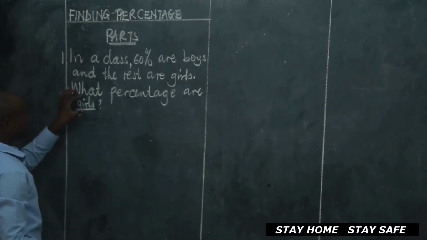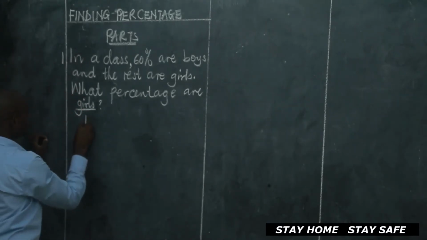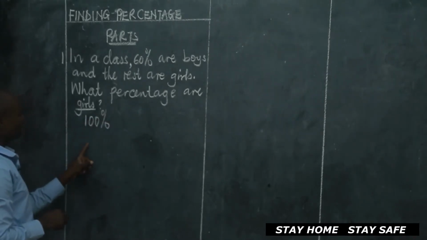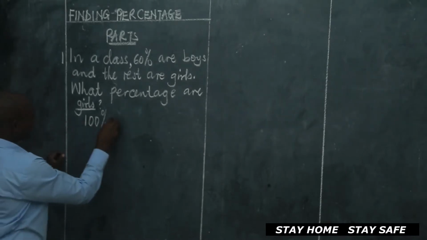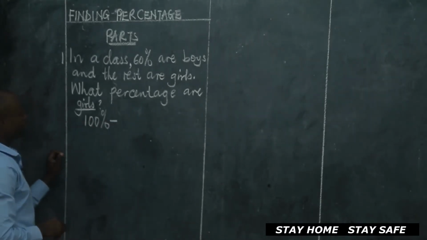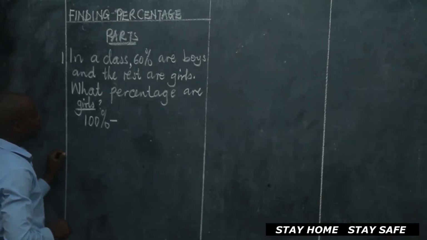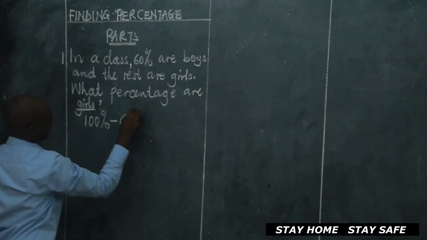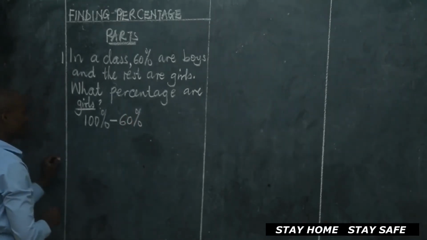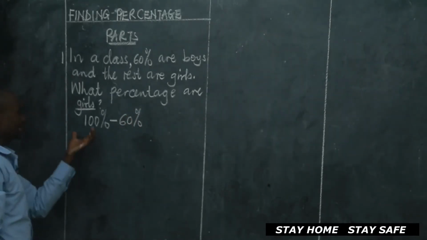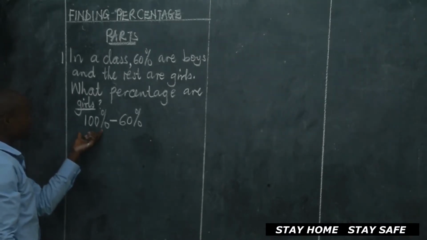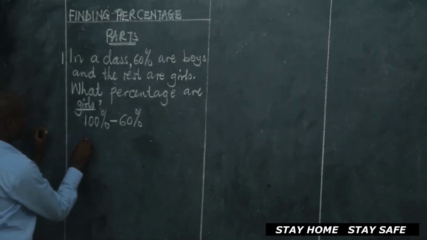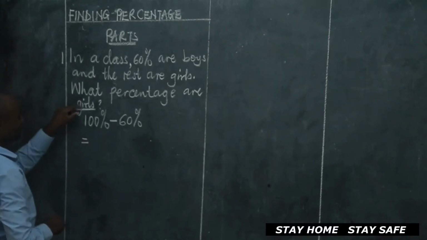Therefore, to get the percentage of girls, we get 100%, which is the total for both boys and girls. Then we take away the percentage for boys, which is 60%. Then the answer will be the percentage of girls.